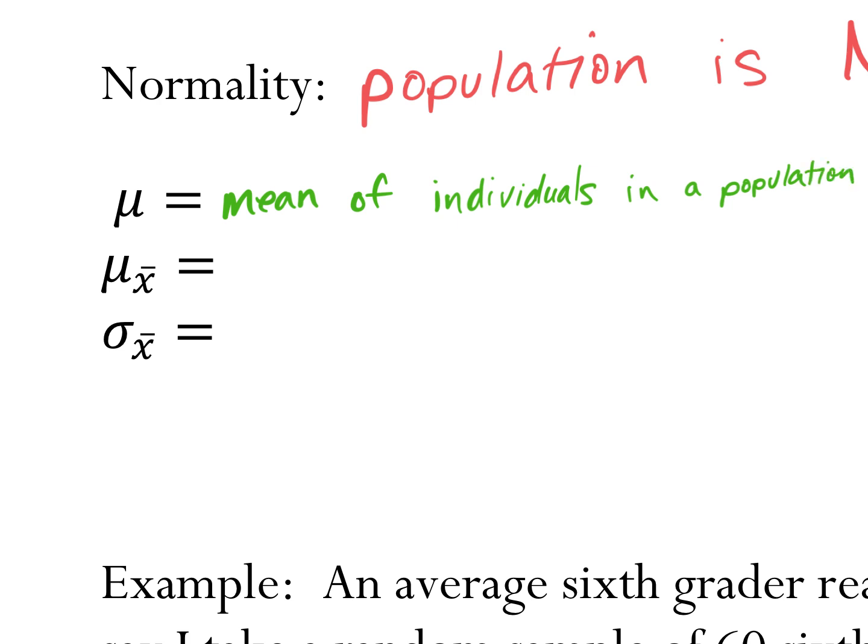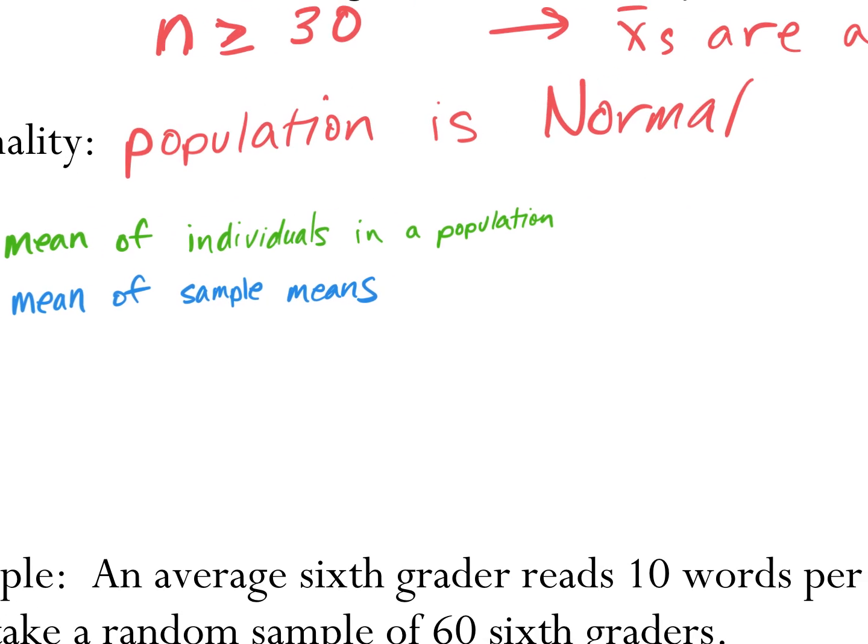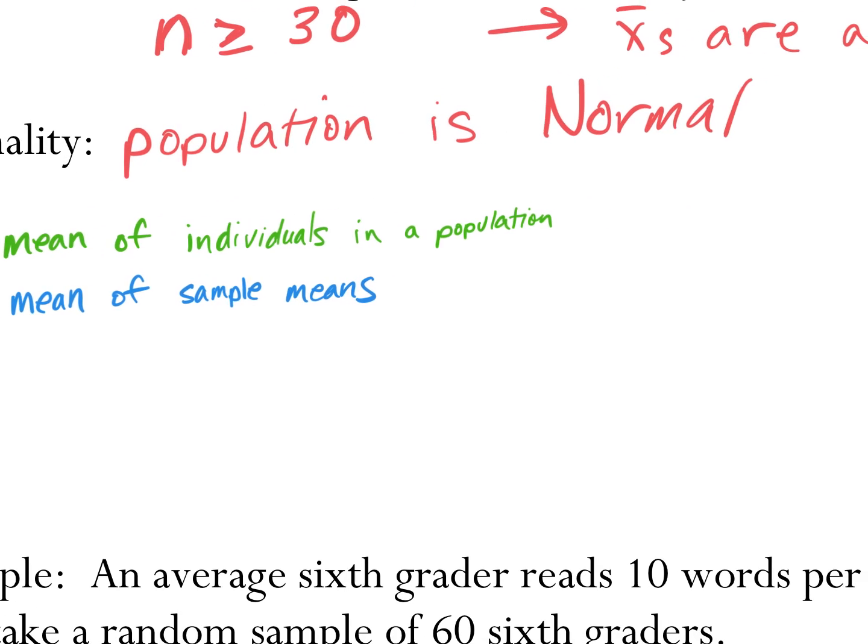When I say mu with this subscript X bar, that is the mean of the sample means. Those two symbols mean two different things, because they're talking about two different groups. However, they always have the same value.